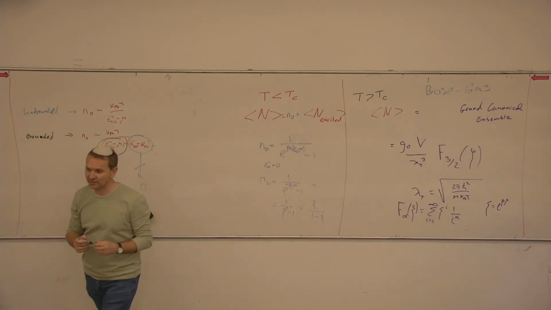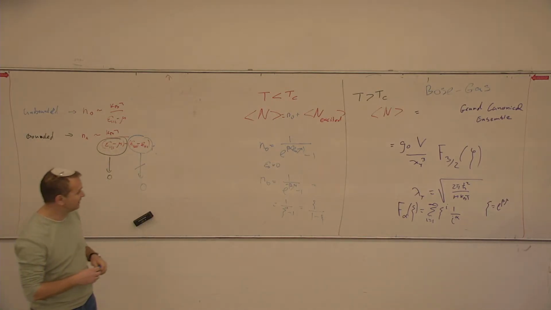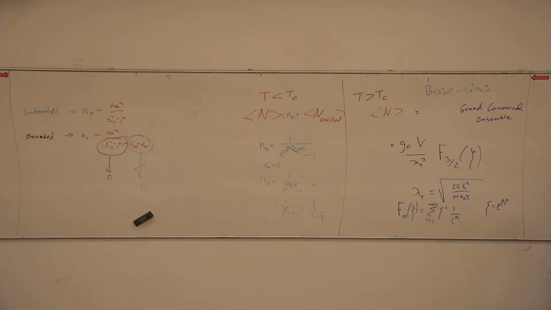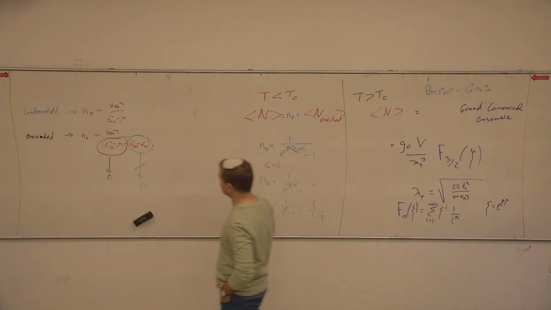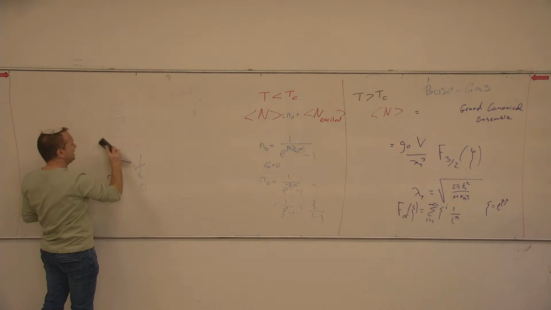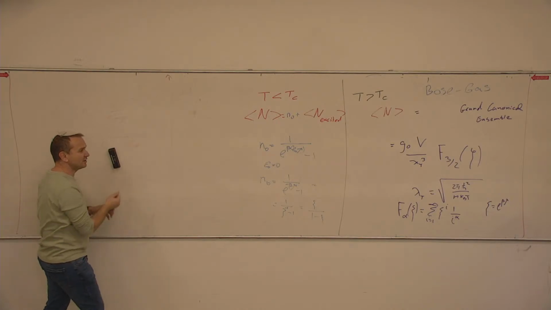Question, yes? Why can't I, at temperatures higher than T critical, add as many particles as I want? You can, but they will spread out everywhere. So the problem is as follows. You have a critical temperature.